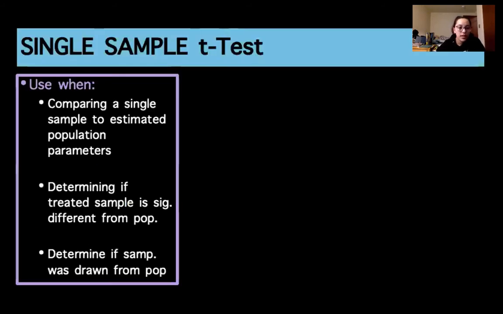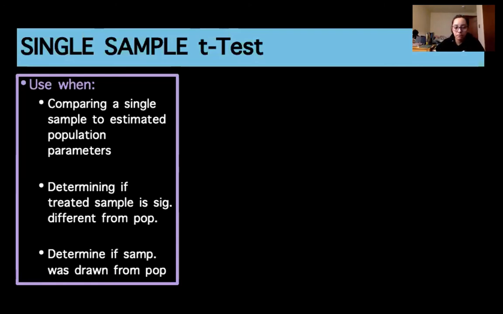Okay, so let's talk about our single sample t-test. Just a reiteration, we're going to use this when we're comparing a single sample to an estimated population parameter. So we have an estimated population mean. We've got enough data collected that we can confidently say this is probably what the norm value would be for a given population of interest.